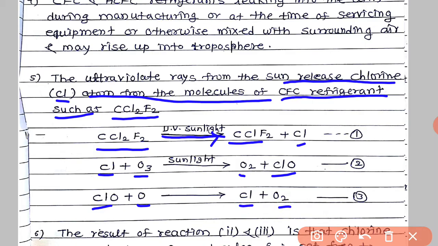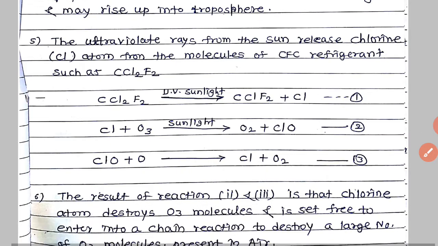This is a chain reaction. This reaction continuously takes place. That is, the chlorine atom reacts with O3 and O2 and ClO form, and ClO reacts with O and Cl and O2 form. So every time Cl gets free and then takes part in the next reaction, it will decompose another O3 molecule and continuously repeat the process.